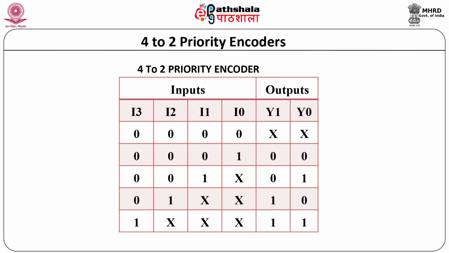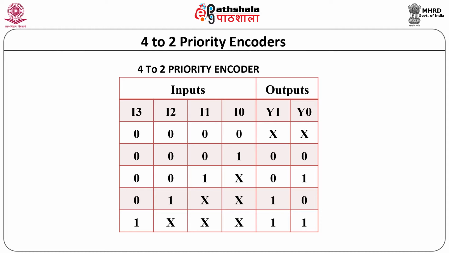I2 has second highest priority as compared to I1 and I0 and so on. If 2 or more inputs are at logic 1 at the same time, the input line with highest priority will be considered for generating binary output.